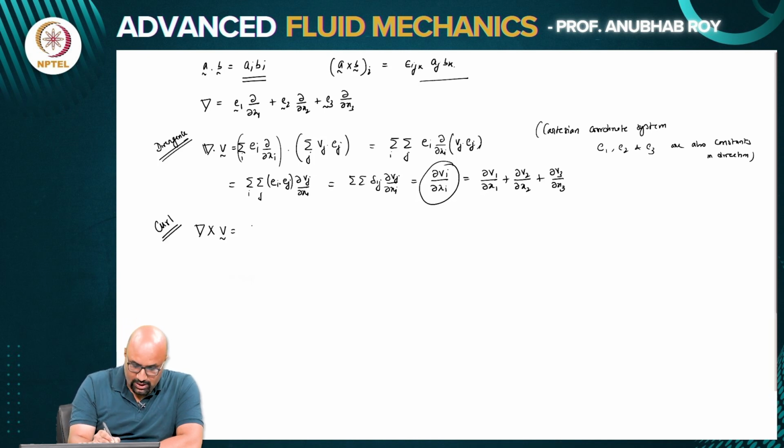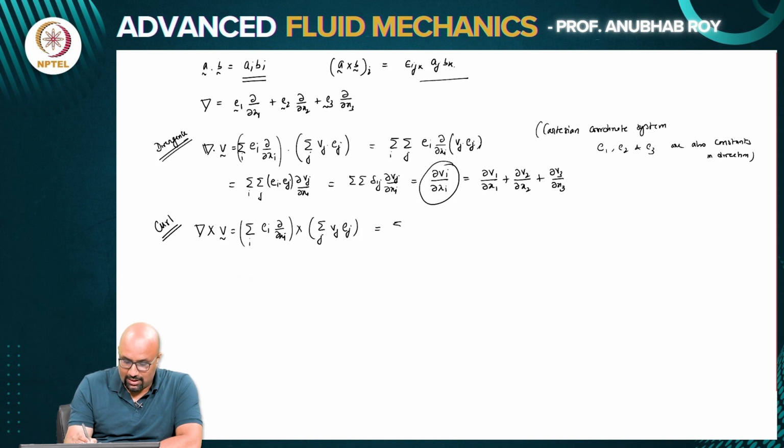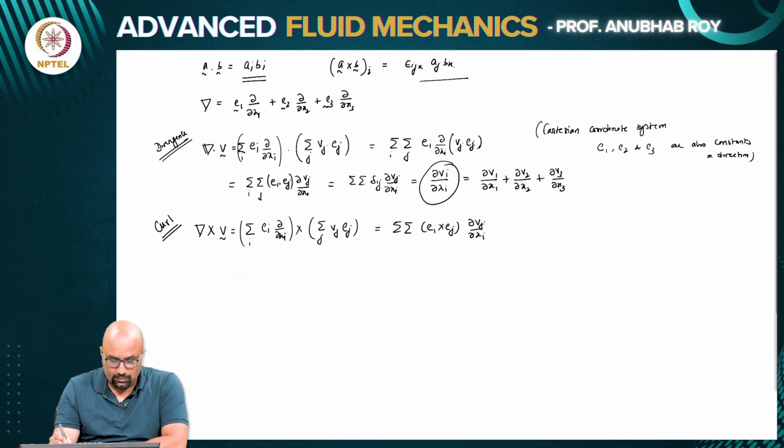So when you do a curl, you proceed in a fairly similar manner as what you did for the divergence, and what you end up with is a cross product of the unit vectors.